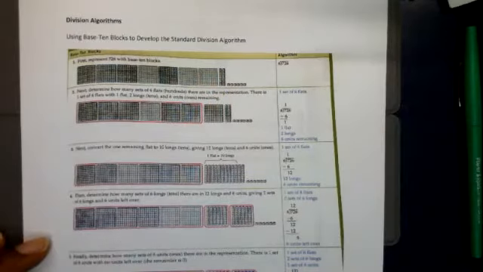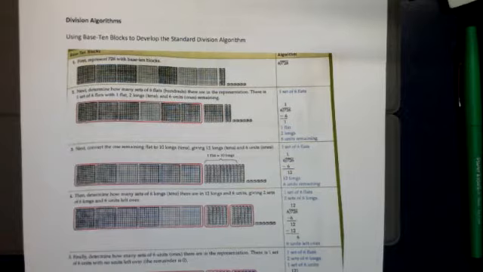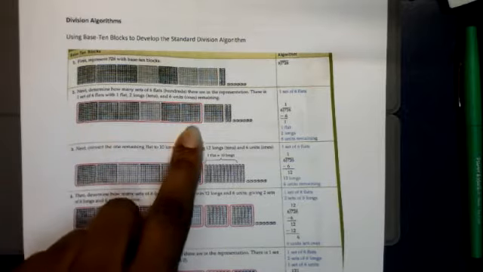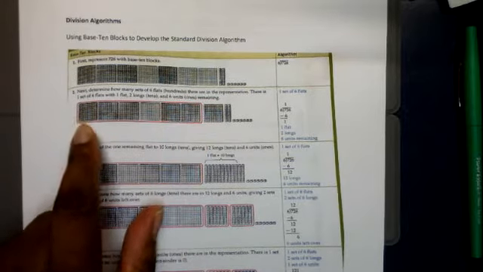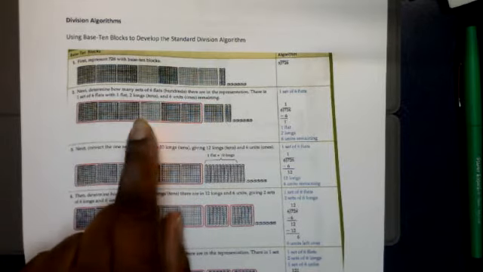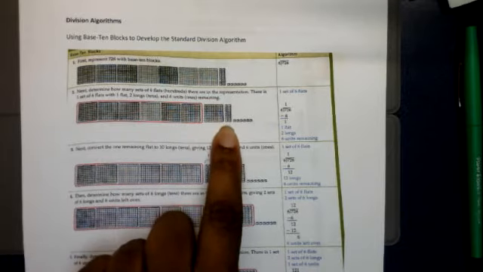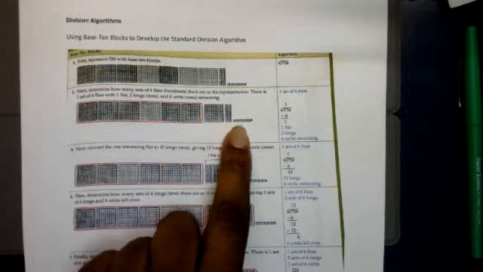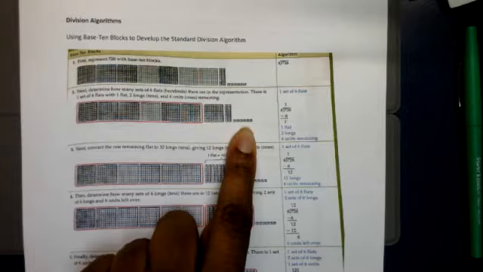That's 726. Now we're going to determine how many sets of 6 flats or hundreds there are in this representation. As you can see here, outlined in a red circle, there's only going to be 1 set of 6 flats. And we're going to be left with 1 flat, 2 longs, and 6 unit pieces left over.